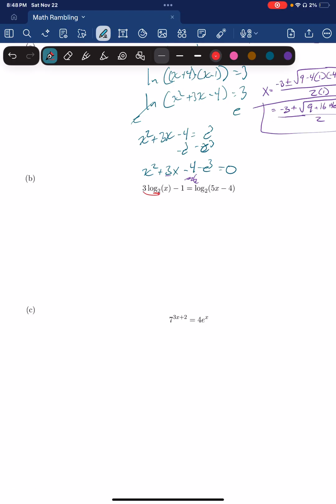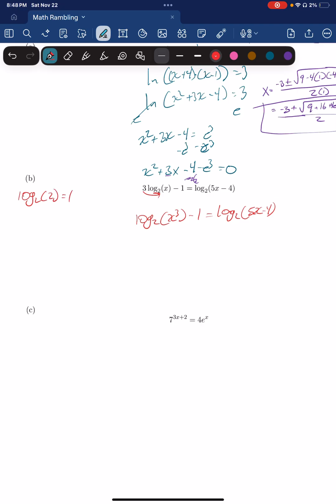Okay. I'm going to put the 3 into the exponent to get log base 2 of x cubed minus 1 equals log 2 of 5x minus 4. Okay, this is horrible. Okay, notice this, that log base 2 of 2 equals 1.